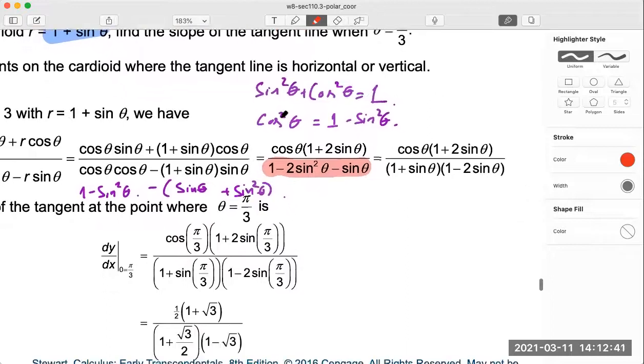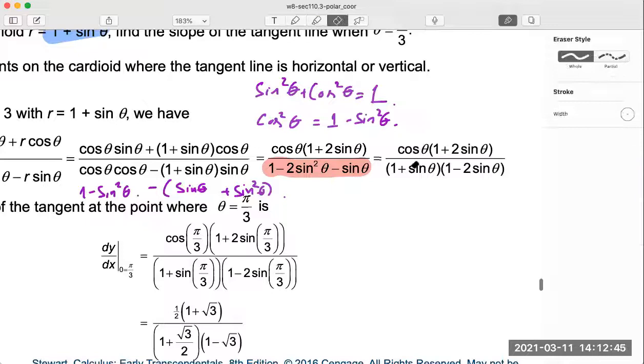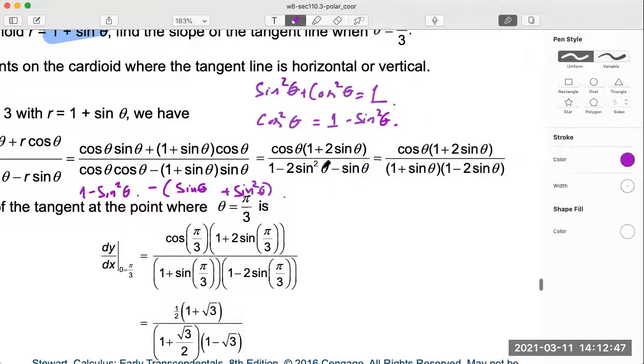So again, we can factor it out. This is the equation of a trigonometric function. In order to factor it out, you just simply imagine this is a quadratic function, 1 minus 2 x squared minus x, where x plays the role of sine, right?